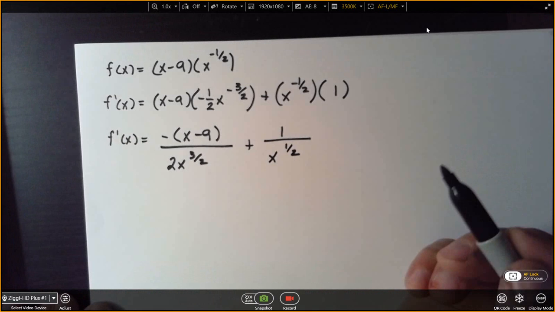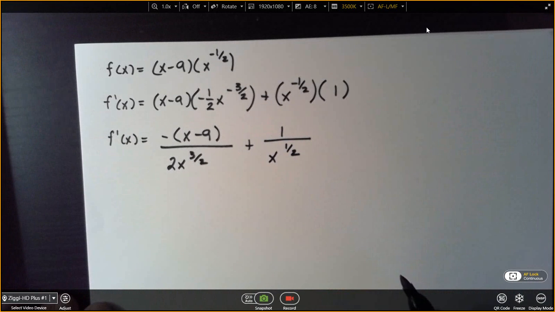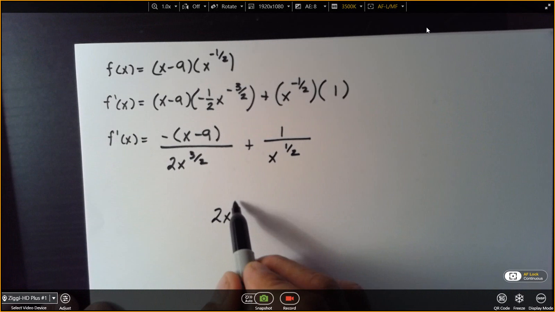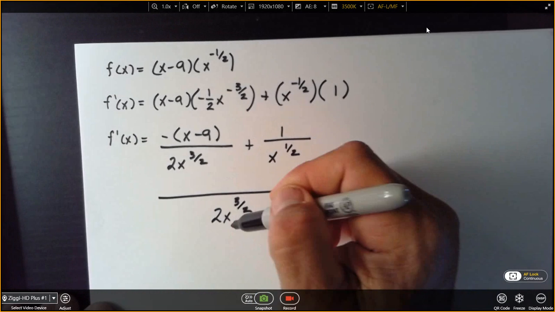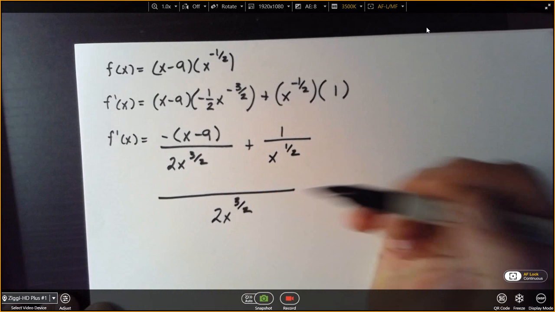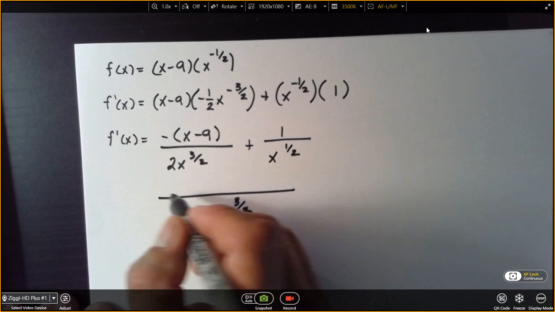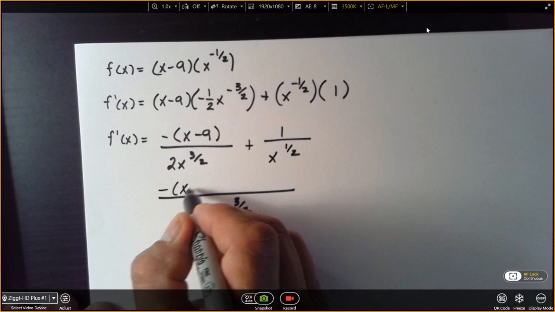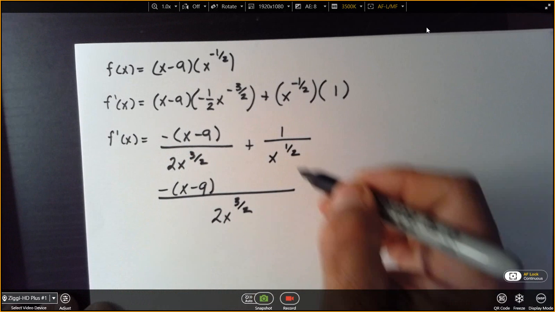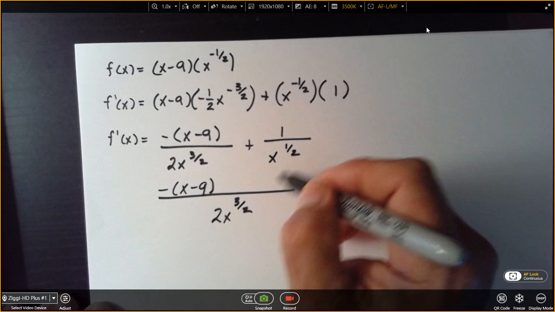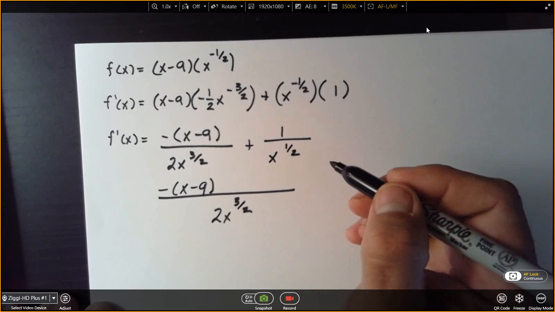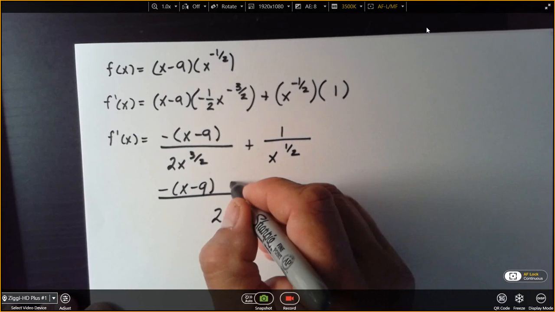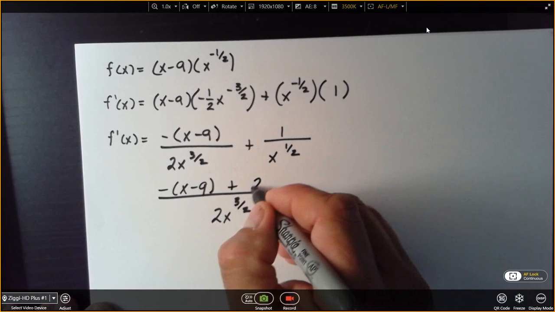Now, of course, we've got to have a common denominator, and the common denominator is going to be 2x to the 3 halves. 2x to the 3 halves will go into 2x to the 3 halves 1 time. 1 times this is that. X to the 1/2 will go into 2x to the 3 halves 2x times. So 2x times 1 is 2x.